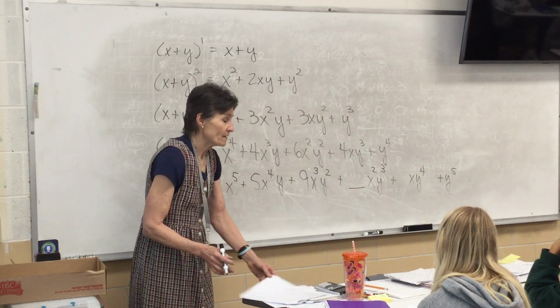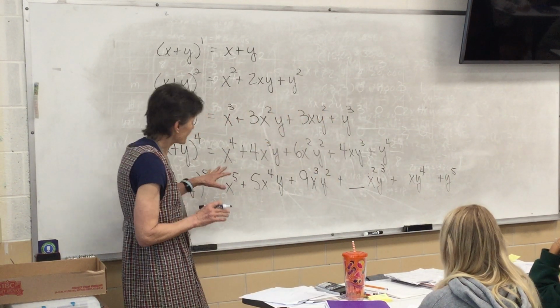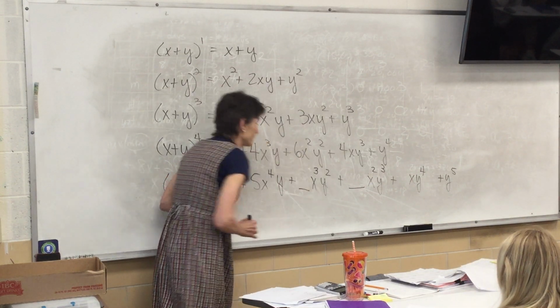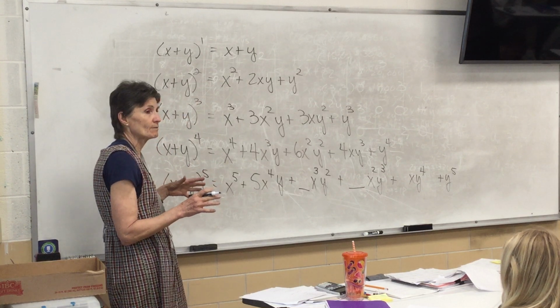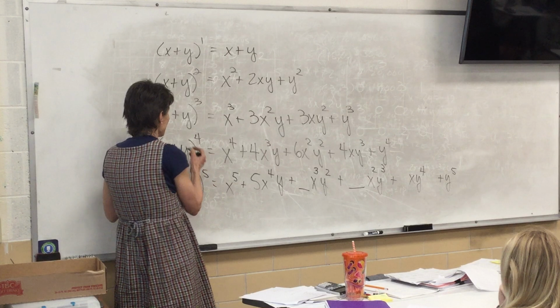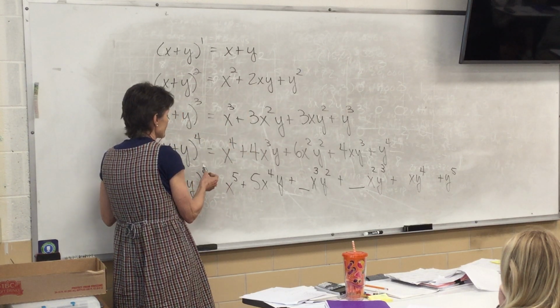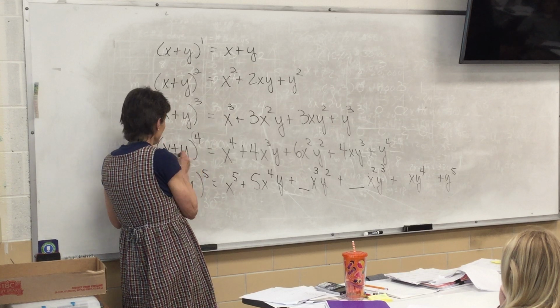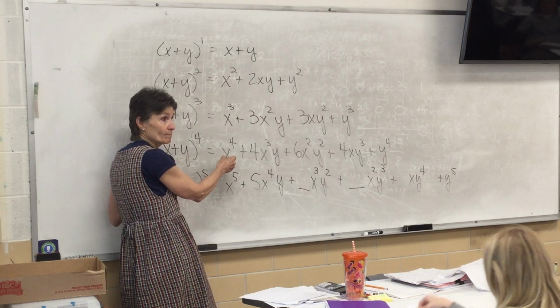So what Sophia has noticed, and again, we got some holes in here. This number actually was wrong, so we just put a blank there. We've got some holes to fill in, but what she has noticed is that in all of our expansions, whatever power we're going to, that's what x started with.